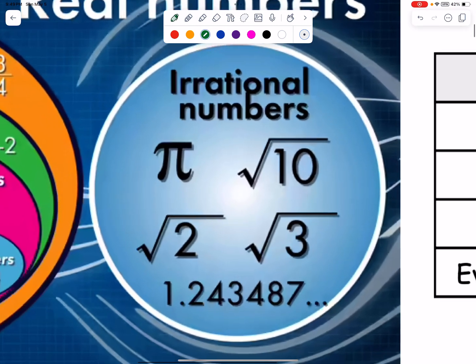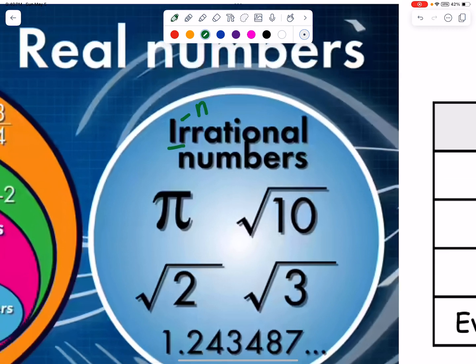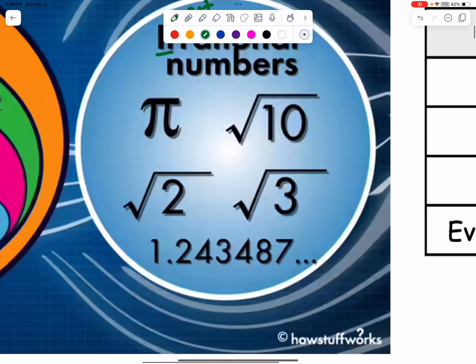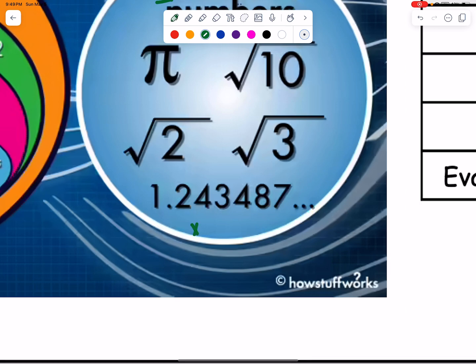Okay, our last category is irrational. I want you to underline ir. It's a prefix that just means not, so it's not rational. That means that it is going to have one of two characteristics. It does not stop, or what we say is terminate.